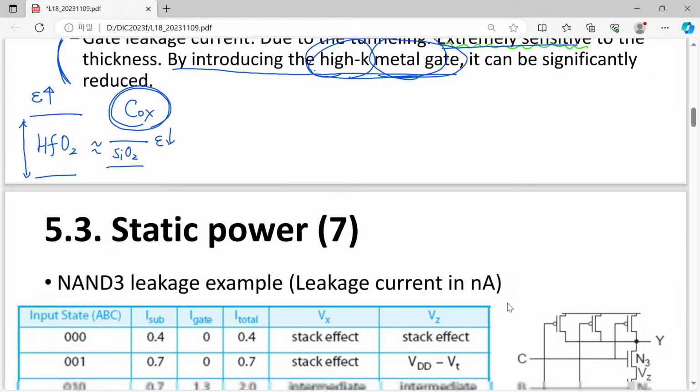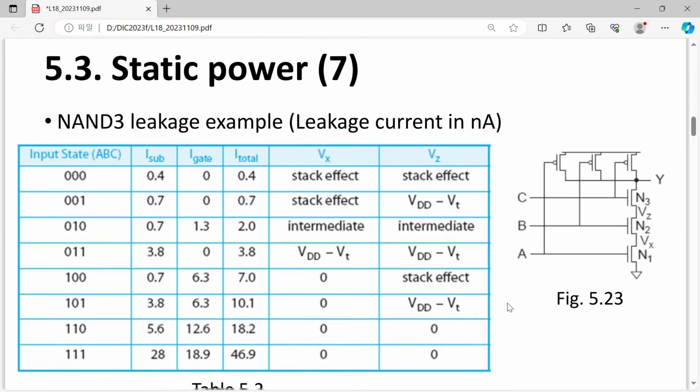And we have two remaining topics here. So let me just consider these quickly. Leakage current really depends on the input pattern. For example, here we have considered 8 different cases for our inputs. The top one corresponds to 0, 0, 0, and the lowest one is 1, 1, 1.